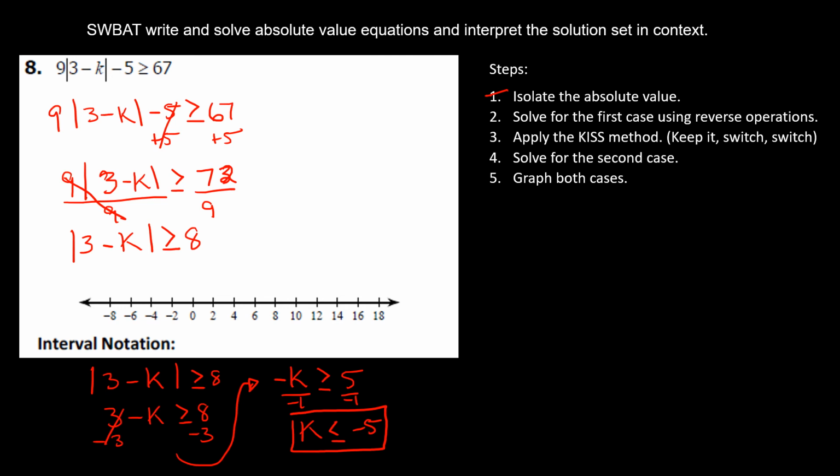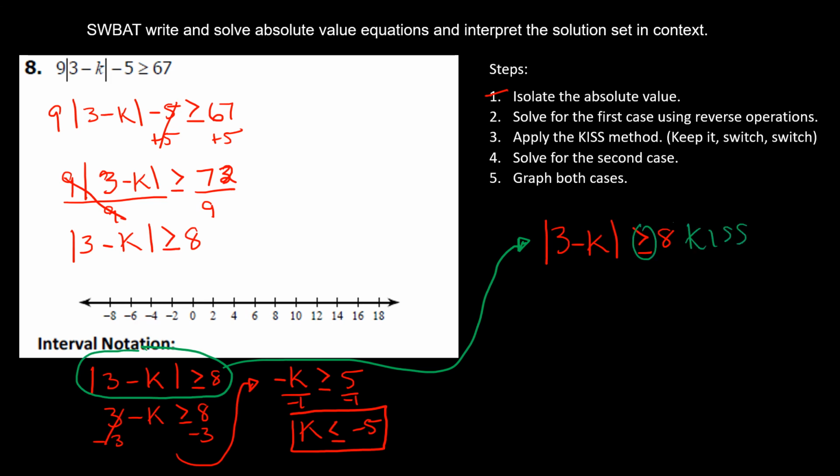Okay? So now, I don't want to do all this work again. I'm going to take my isolated absolute value and I'm going to work with it over here. And this is where we're going to start off for our KISS method. So when I say absolute value of 3 minus k is greater than or equal to 8, I'm going to apply the KISS method.